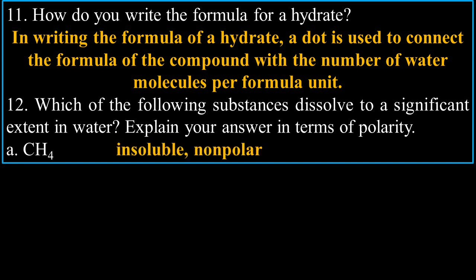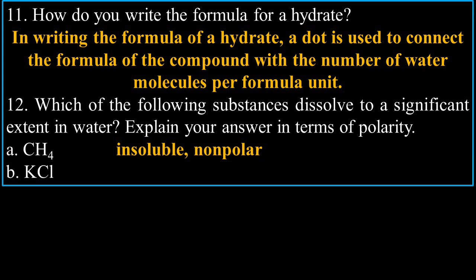It's insoluble, nonpolar. Methane comes from plankton that was turned to gas over millions of years. Potassium chloride is an ionic compound, and it will dissociate and dissolve completely in water.